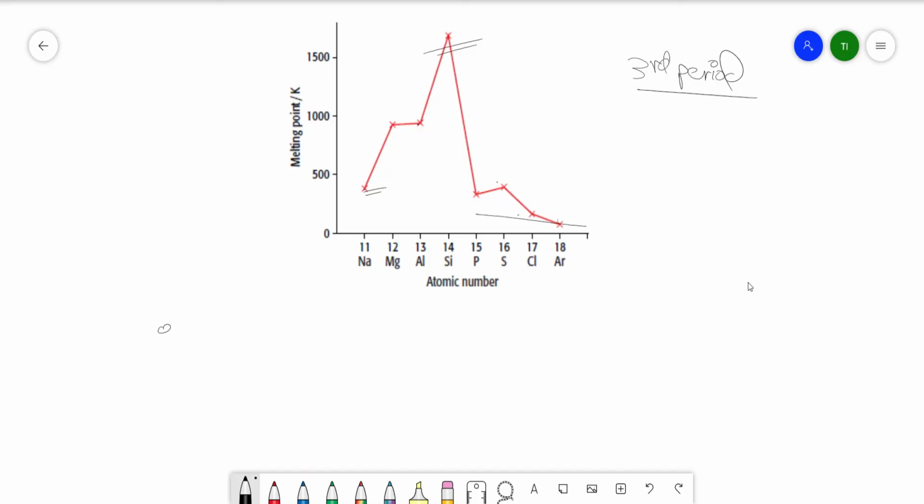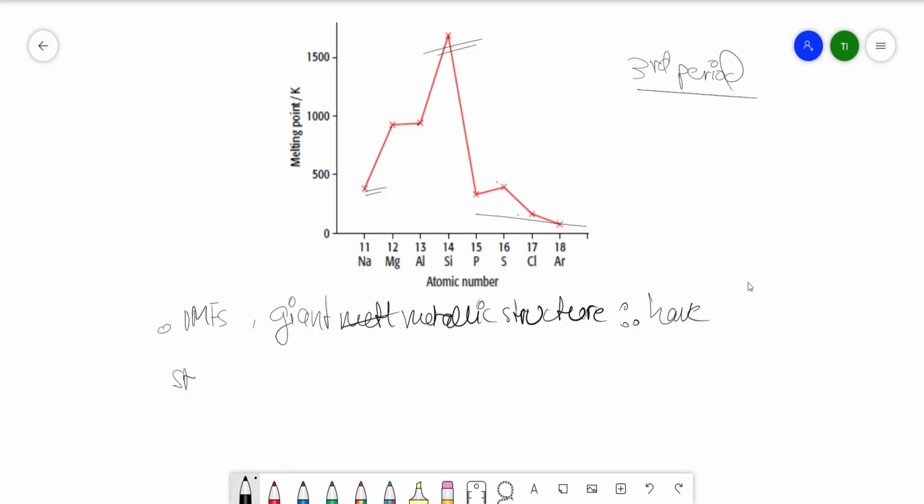And over here you have to mention that these are held together by IMFs and that these have a giant metallic structure, and therefore have stronger electrostatic forces of attraction which require more energy to break. Again, this is the reason why the metals have a higher melting point than the non-metals.